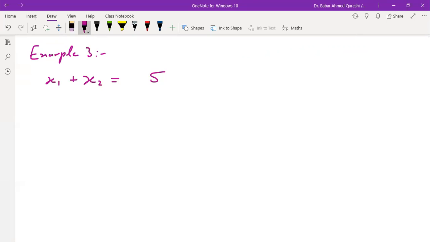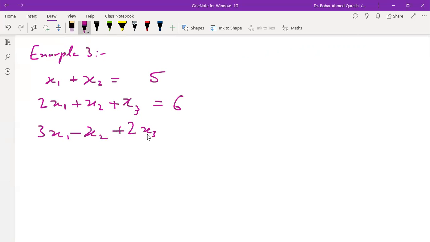And 2x1 plus x2 minus x3 is equal to 6. Well, I don't need to even copy it. I'm not solving anything. And let's say 3x1 minus x2 plus 2x3 is equal to minus 3.